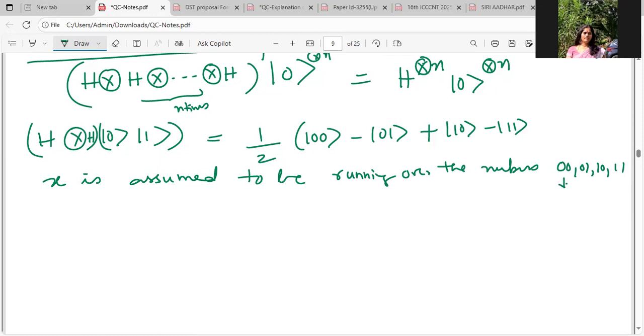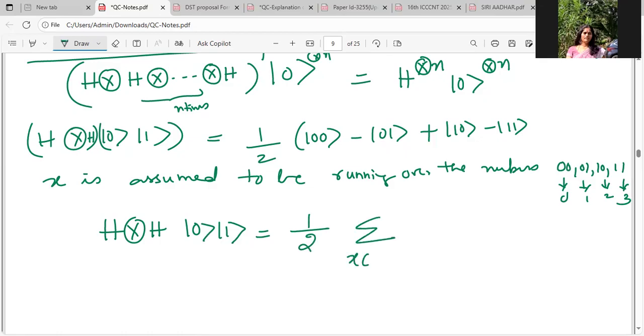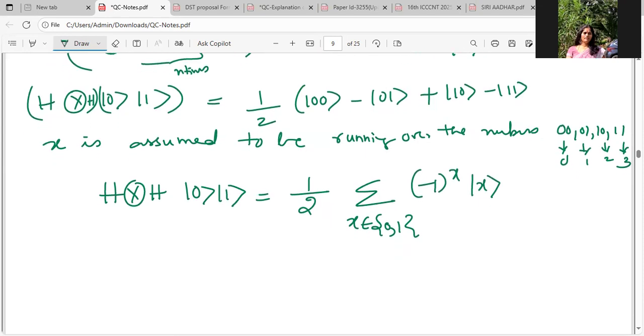I will assign them 0, 1, 2, 3. That is, 0 0 is 0, this is 1, this is 2, this is 3. Then I can write this tensor product in another notation also. 1 by 2 is common, of course. Summation x belongs to 0, 1. How many times did I apply? Twice now. So I can just say power 2 as well. Of course, first let me write this: minus 1 power x, ket x. If x is 0, then it is 0 0. If x is 1, then it is 0 1.